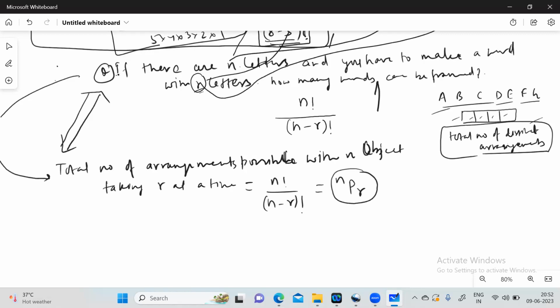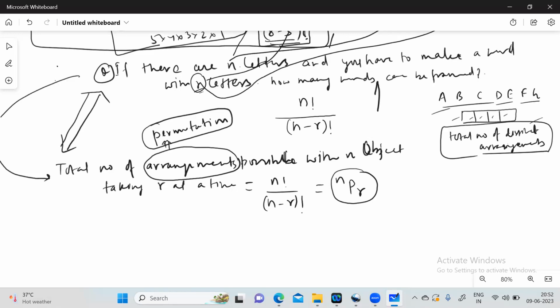Why is the letter P used? Because the synonym of arrangement is permutation. The reason behind using the word permutation over arrangement is that we do any arrangement for some efficiency, but here we are counting all the possible arrangements.